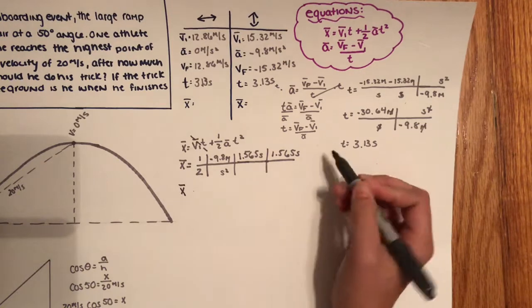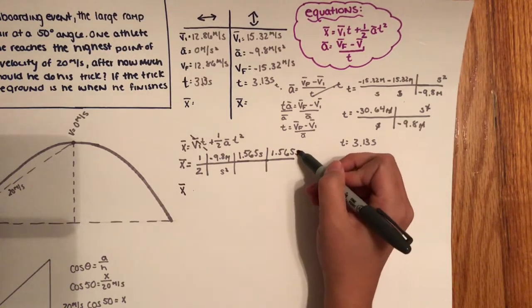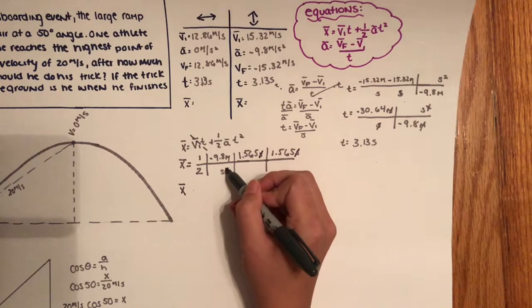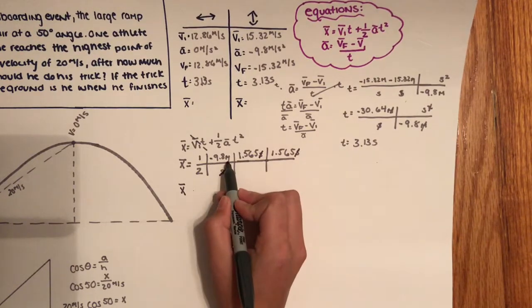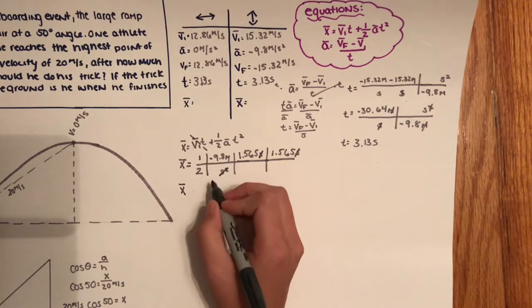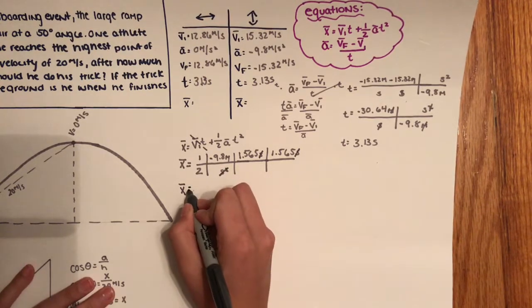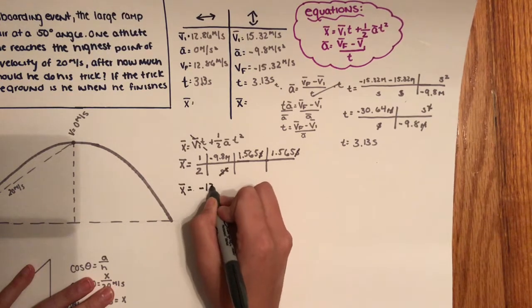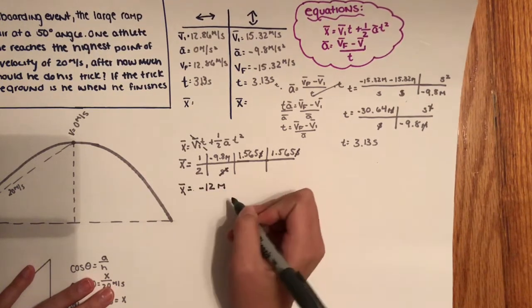So again, with our unit analysis, we can see that seconds and seconds cancels out with the seconds squared, leaving us just with meters as our unit. So after plugging this whole thing into the calculator, you'll get negative 12 meters.